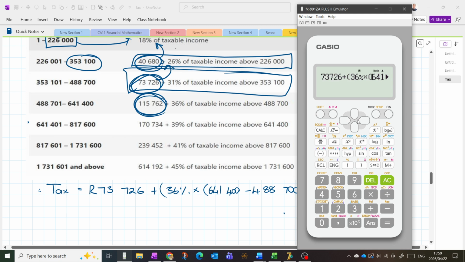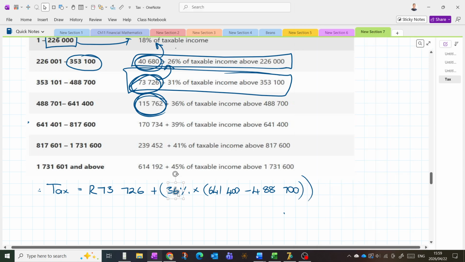It's okay. To get this amount we want, we need to use the third one. So it is actually 31%. This amount in the front is correct, but it's going to be the top amount of that bracket minus this amount, 353,100. And there we go. Okay. Should have stuck to my instincts and said I'm not going to finish it. Let's just fix this. 31%.